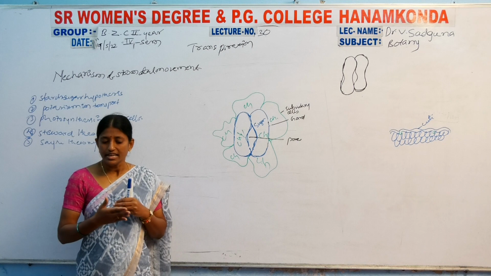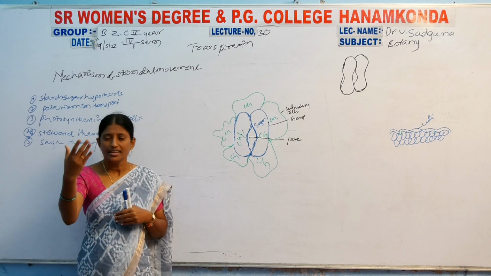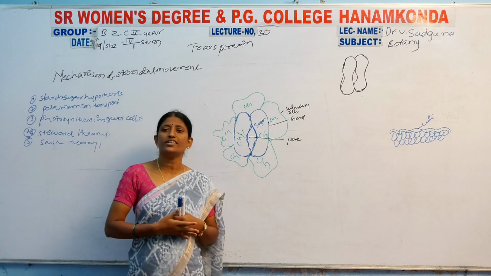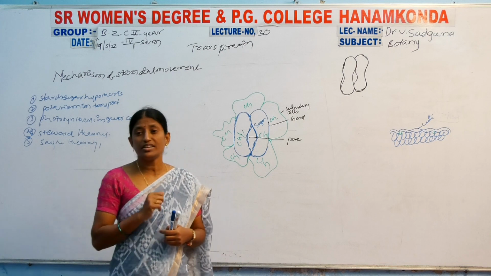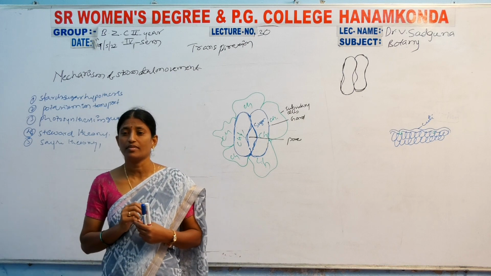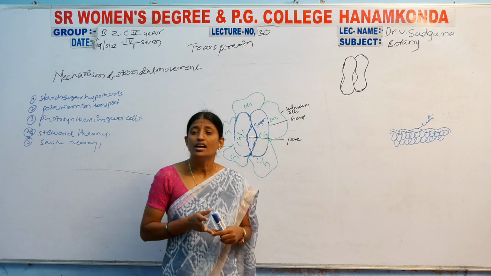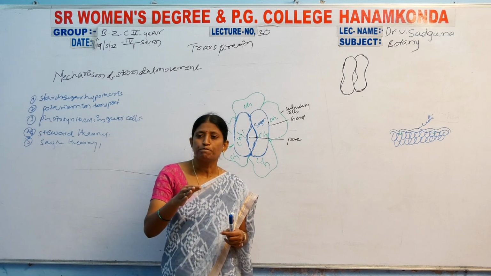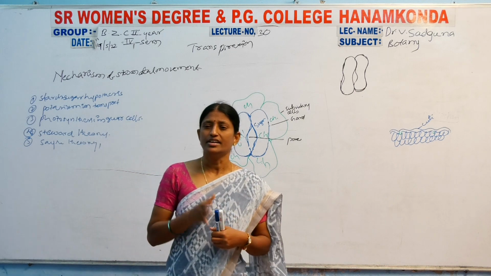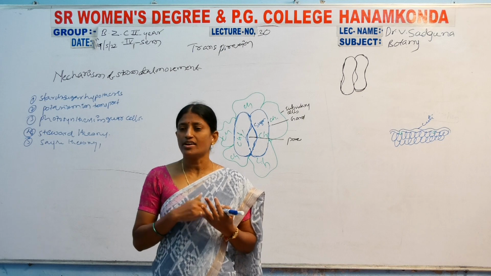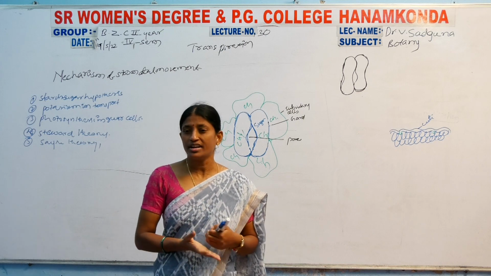Then, are the starches dissolved or not? They don't dissolve. They are not dissolved in water. We already proved this by experiment in the second or third semester, on pollination and pollen germination. Sucrose and starch are kept separately in petri dishes.